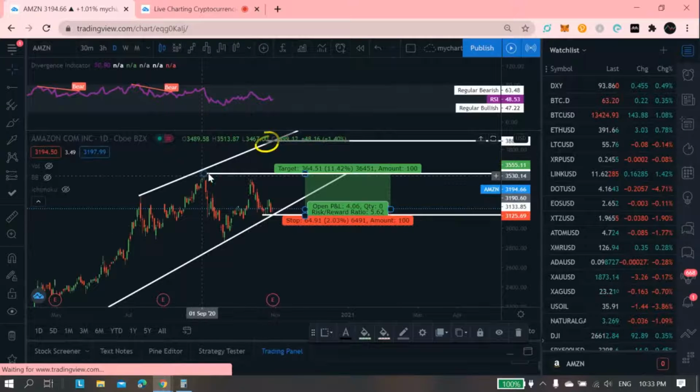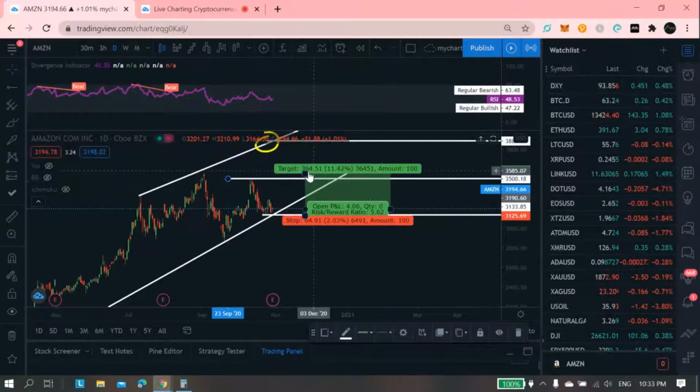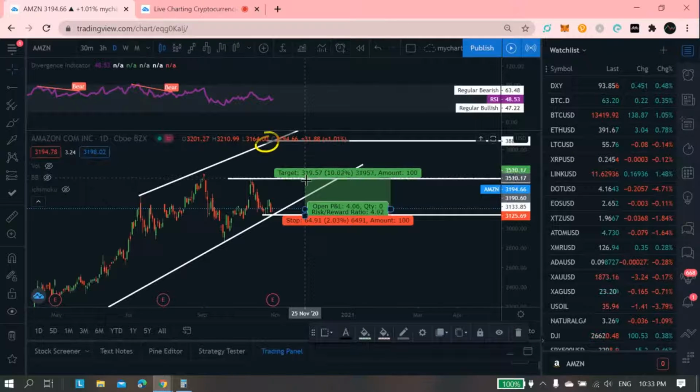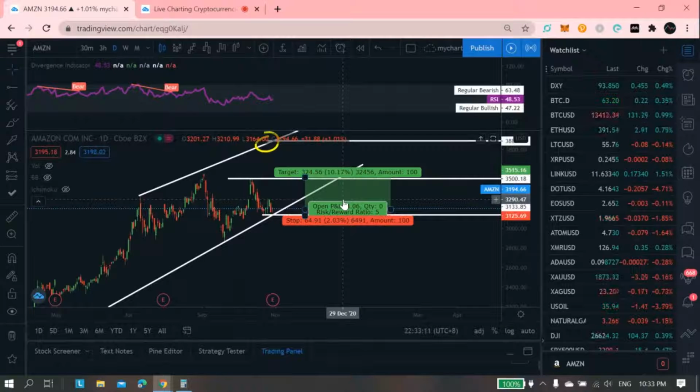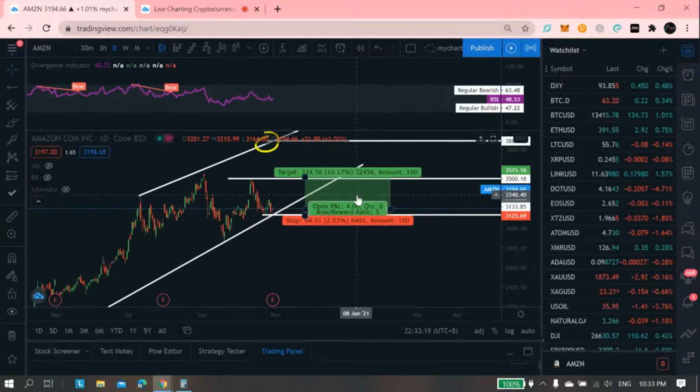Or even if it will just retest this area, on a conservative note, that's still a risk reward ratio of 5. I could possibly gain 10%. But if I get stopped out at this 3,125, I will possibly lose around 2.03%.